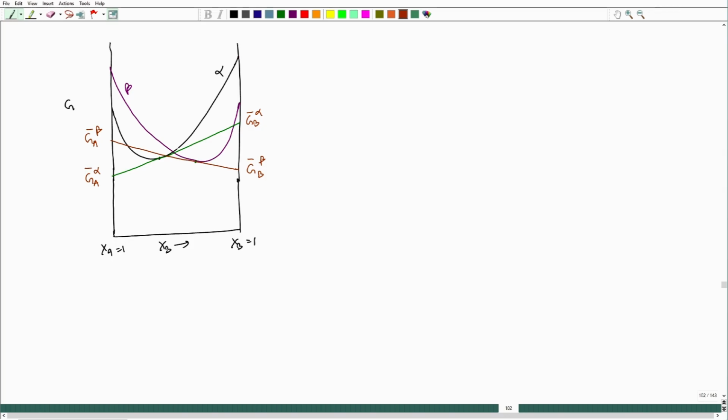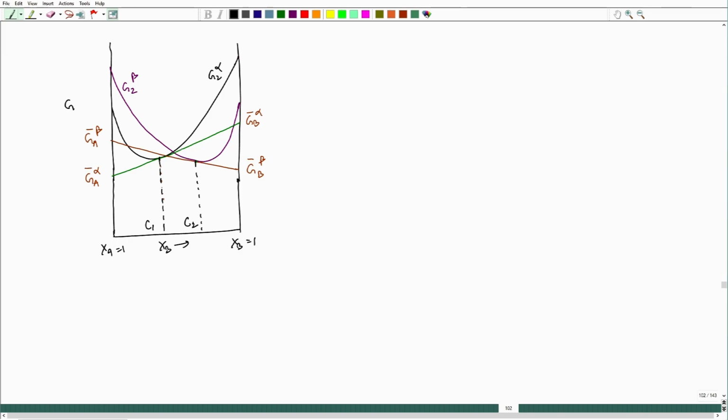So, if I try to find out, these are the two compositions, let us say. This is C1 and this is C2, and C1 and C2 are basically with respect to B. That means, those are actually mole fractions of B at those two points over the alpha and beta G2 lines. And remember, this is G2 beta, G2 alpha.